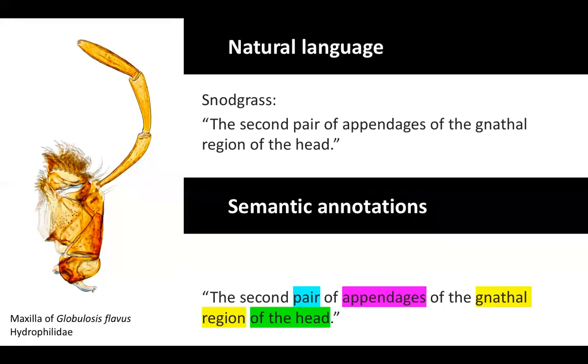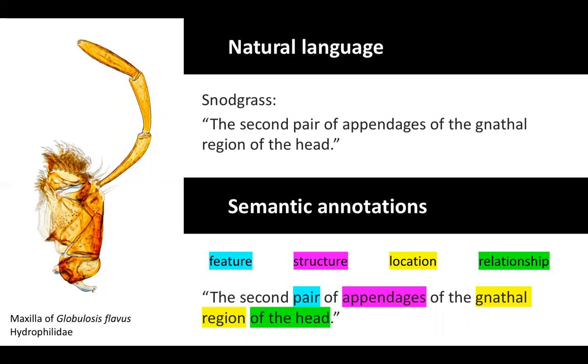Using semantic annotations, we can indicate that the word appendage is a structure, the word paired refers to a feature of that structure, the term gnathal region refers to a relative location, and the term of the head is indicating a relationship, is indicating how this particular structure is related to the rest of the body.